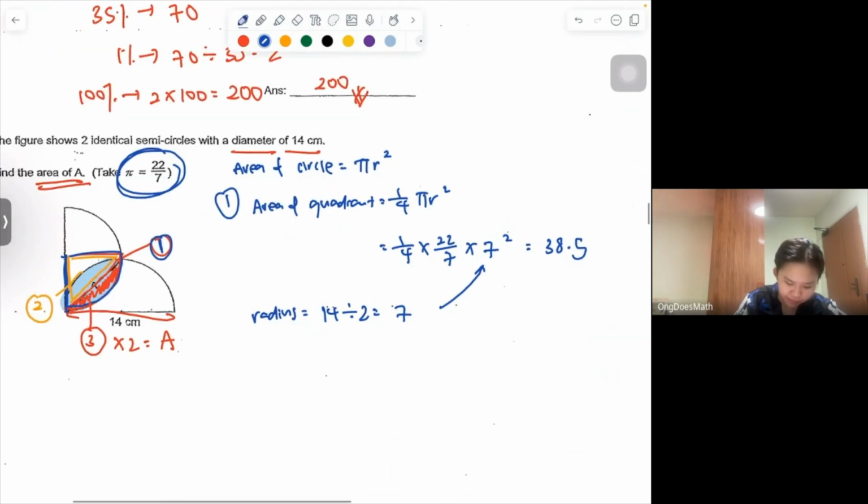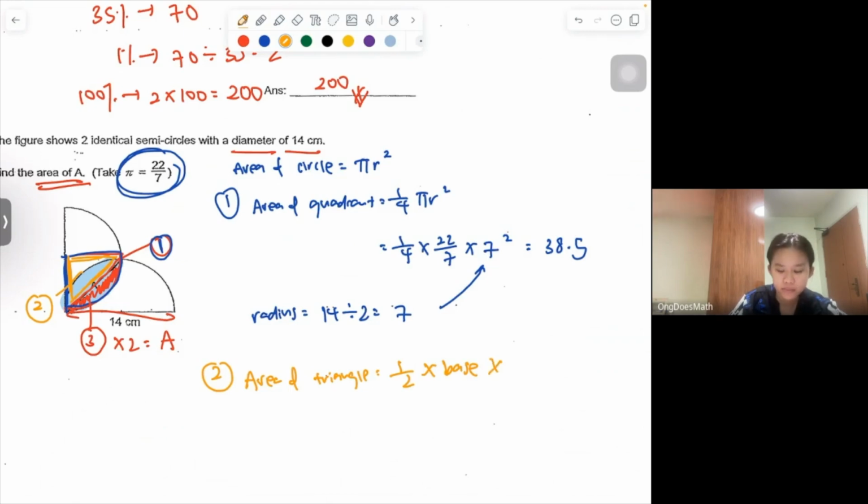Now we can find the second part, which is this triangle over here. For area of triangle, the formula is half times base times height.